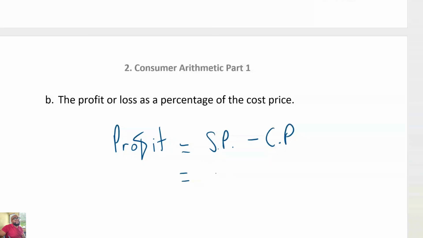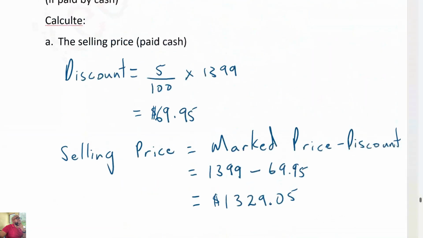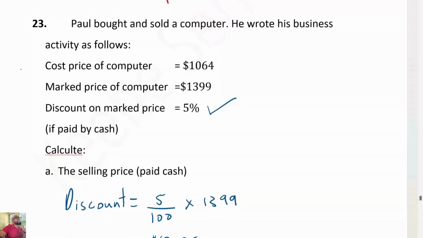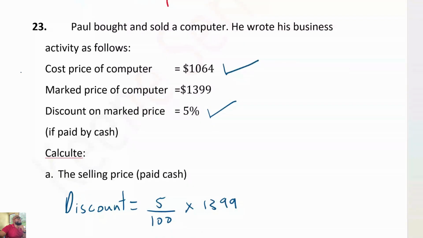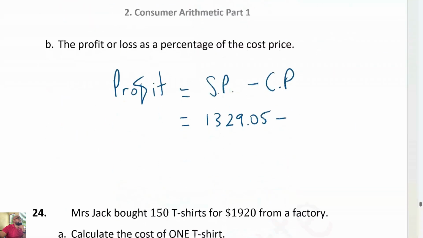How much did I eventually sell it for? $1,329 and minus what was the cost price? What is the cost price here? 1,064. So minus this and tell me what my profit is, please. Everybody good there? 265.